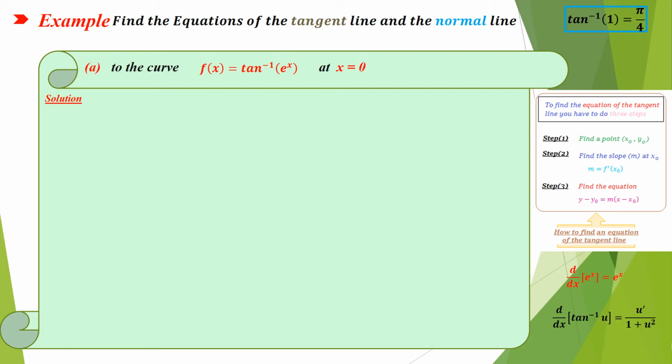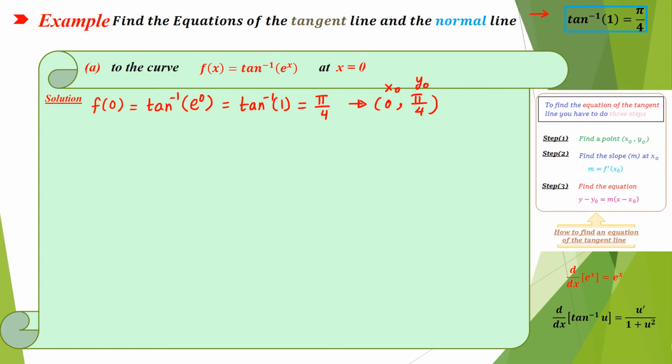So we have f of 0 equals tan inverse of e to the 0, and e to the 0 equals 1, so we have tan inverse of 1, and tan inverse of 1 equals pi over 4. So our point is 0 with pi over 4. 0 is x0 and pi over 4 is y0.